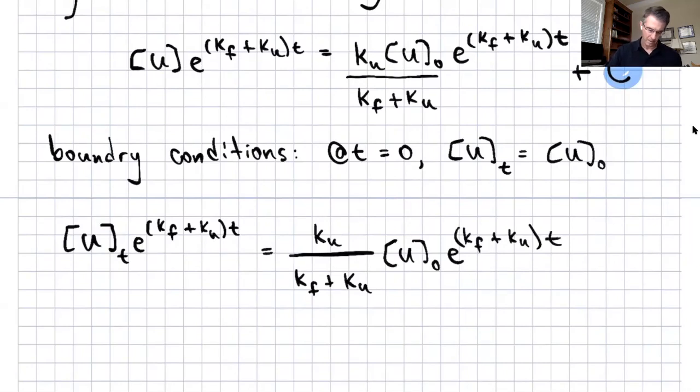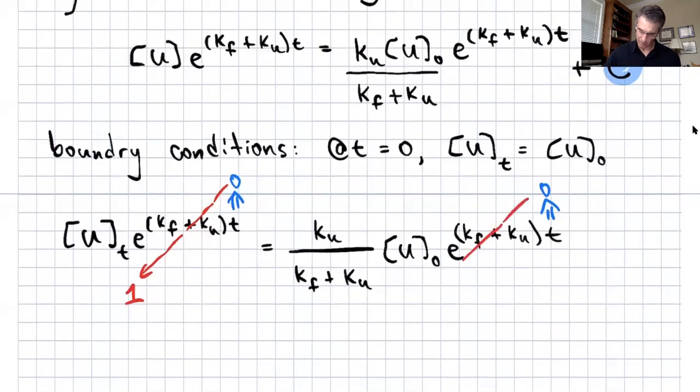But we're going to say when t equals 0, what happens to this term? When t equals 0, that whole exponential term goes to 1. Same here.